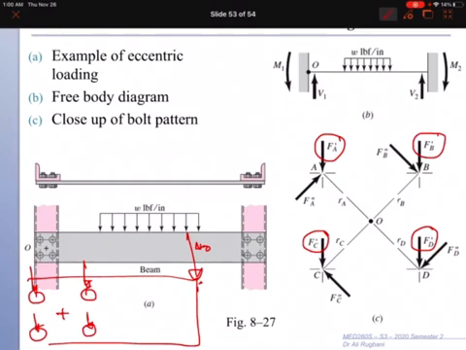And around the centroid we will have a bending moment. So this load will lead to a bending moment around the centroid, M. To calculate M, you need the distance from the centroid up to this end. So you need this distance. So M is load times distance.